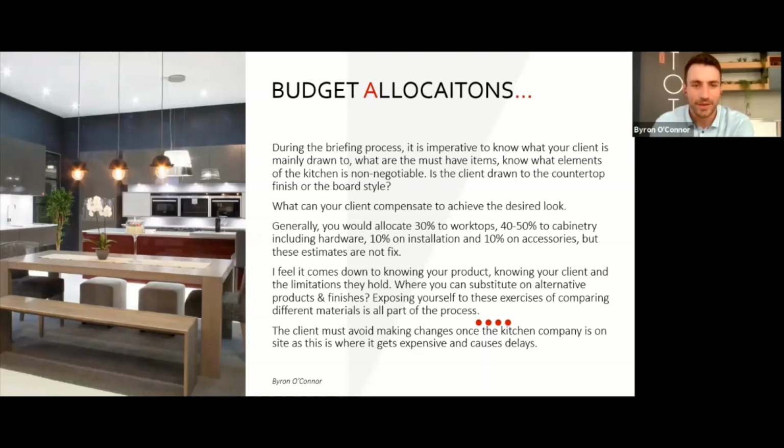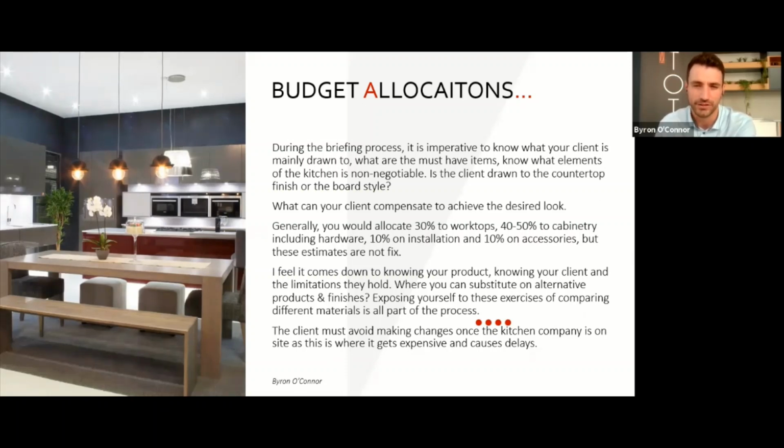So, like Zoli was saying, understanding the budget, where you can compromise on certain materials, and understanding the product is very key. It's vital. So your understanding and knowledge of what is available in the market, allocating costing for the budget, you could look at anything around 30% of total budget on a worktop.